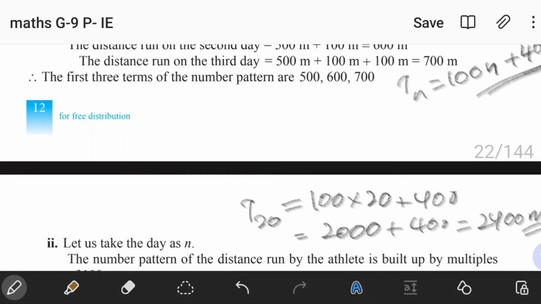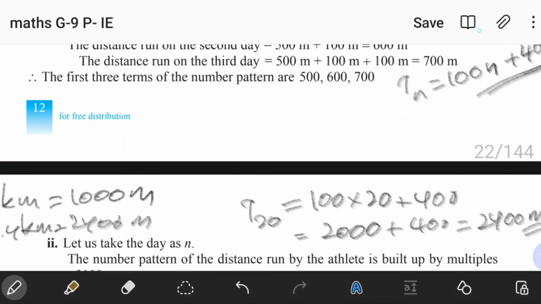Remember, it's meters. If the question asks for kilometers, how many meters are there in a kilometer? 1 kilometer is equal to 1000 meters. So you divide 2400 by 1000 to get the kilometer value: 2.4 kilometers.